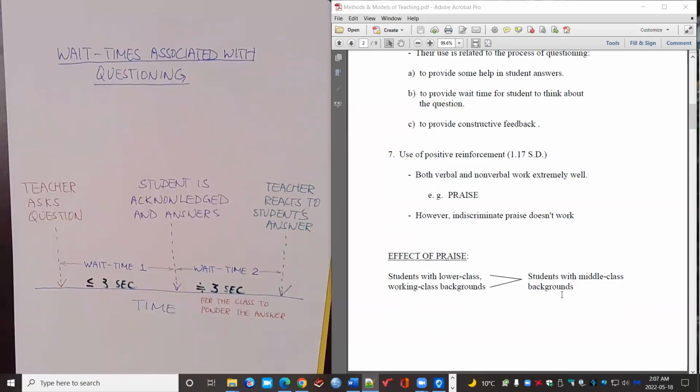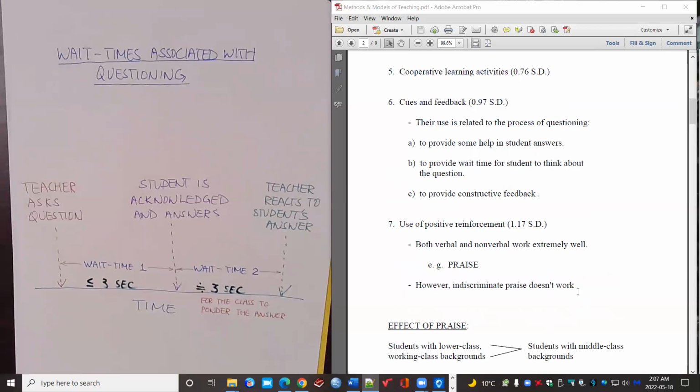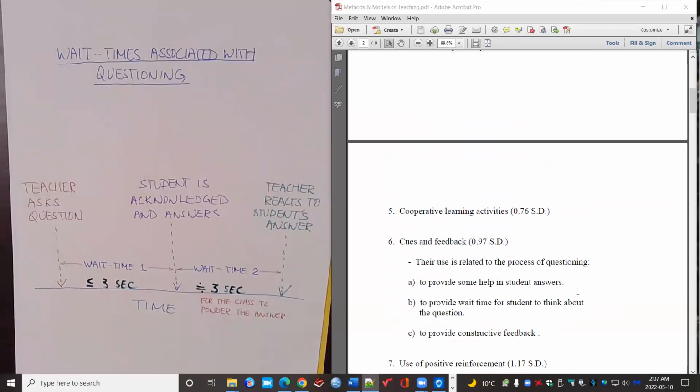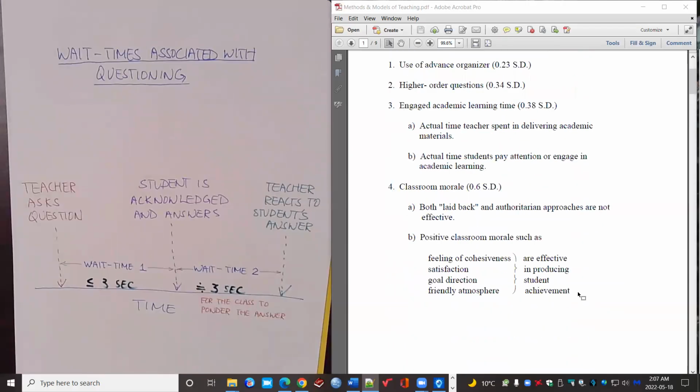All right, because for this group of students, their parents are used to lavish praises. The research is extensive, okay, so it is a good idea to know all of this.